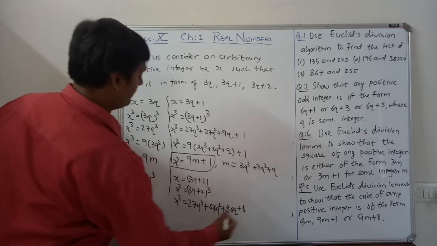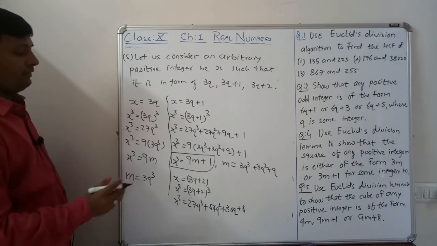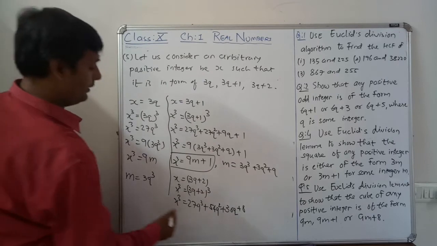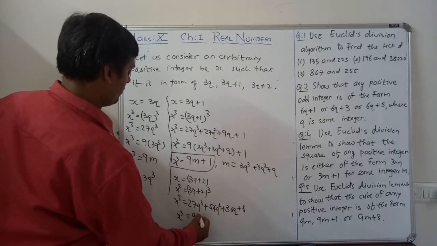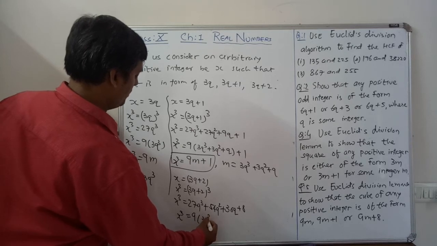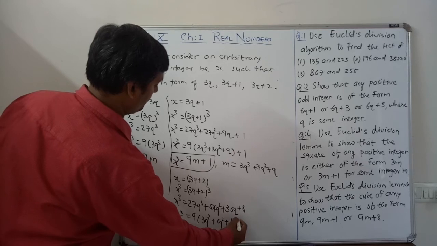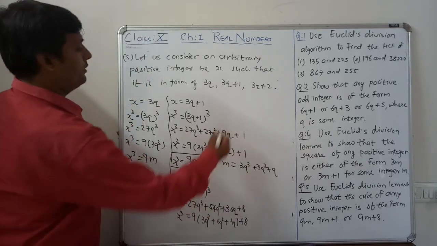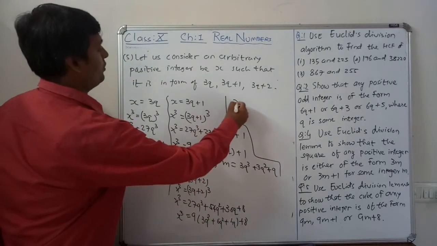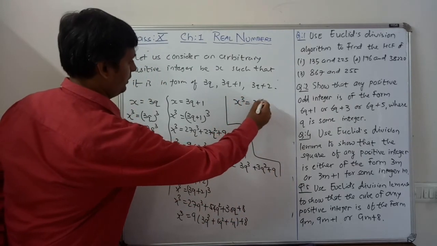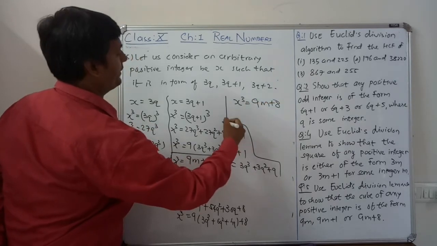And the last is 8. Now we take 9 common, so x cube is equal to 9 times 3q cube plus 6q square plus 4q, and plus 8, right? So we write it in a simple way. So x cube is equal to 9m, right, plus 8, right?